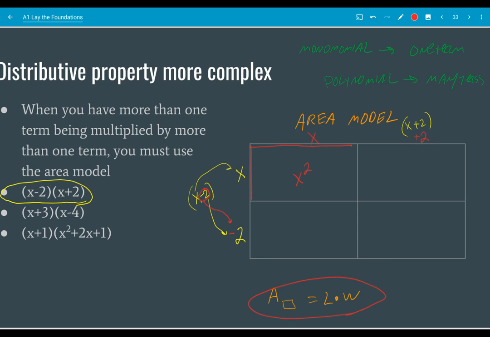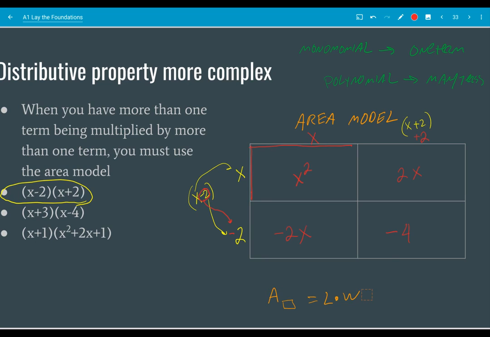X times 2 gives us 2x. X times negative 2 gives us negative 2x. And then negative 2 times positive 2. Think back, when the signs are different, it's always negative. Negative 4.